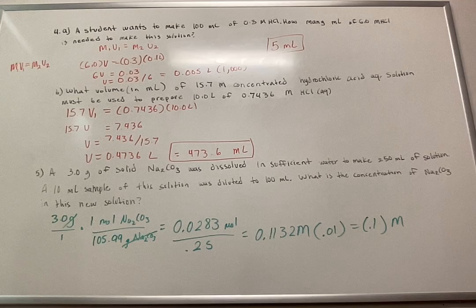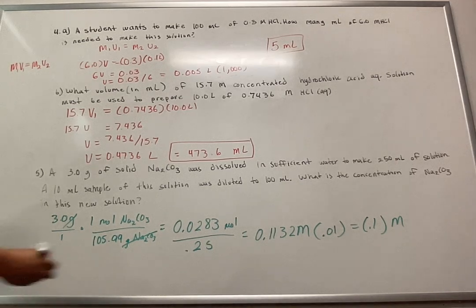So 0.1132 times 0.01 gives us 0.001132, divided by 0.1, and we get 0.011 M.